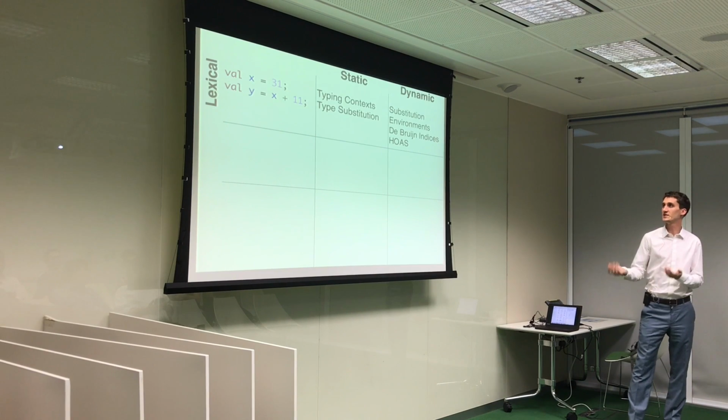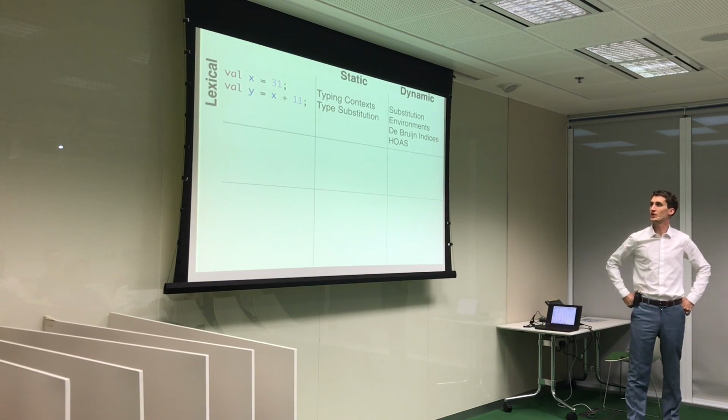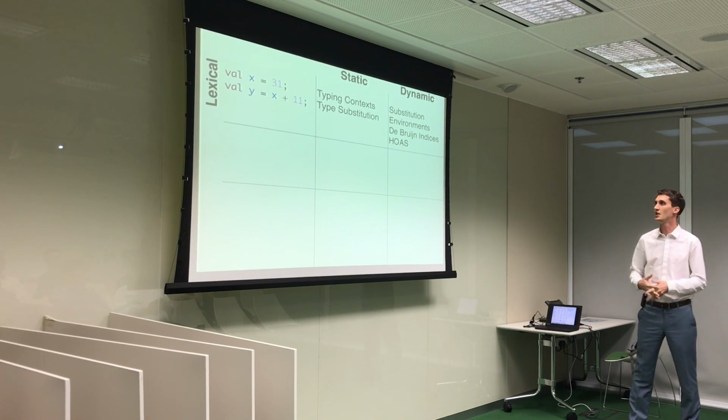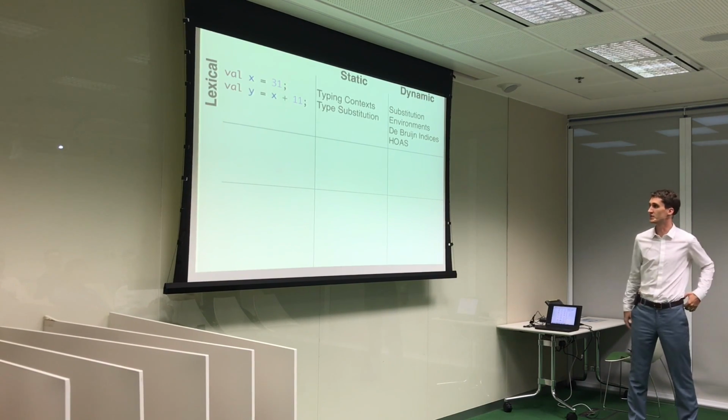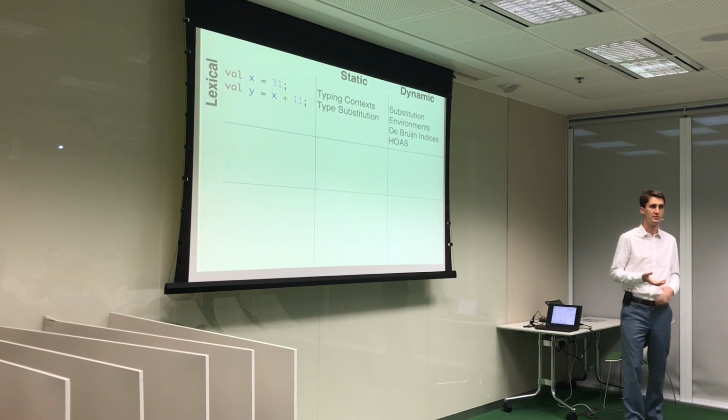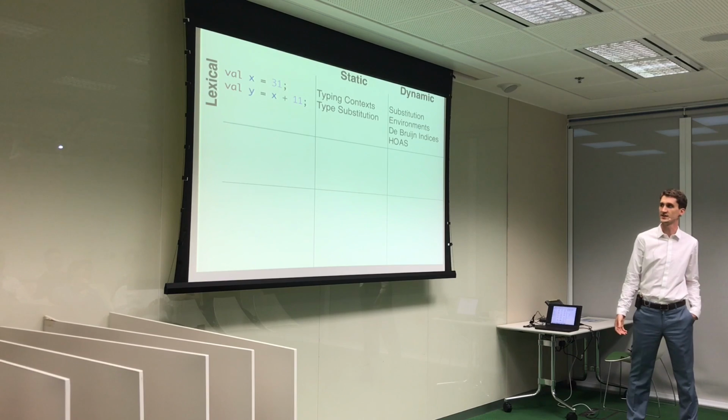When you formalize the dynamics of your program, you can also use substitutions. You can keep the environments that you had. You can use other formalisms like De Bruijn indices or higher-order abstract syntax that basically embed your language into the meta language that you're using to formalize it.